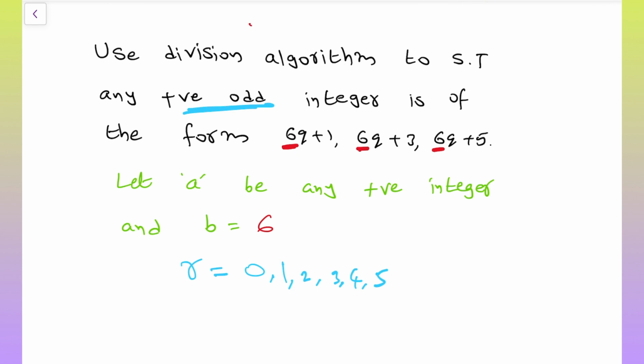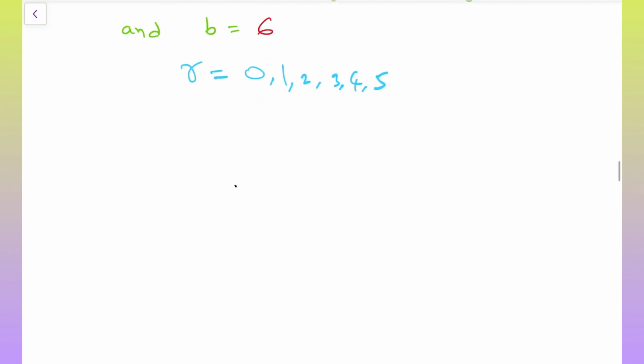If the b value, or the divisor, is 6, then the possible remainders are from 0 to 5. Now this remainder as well as the divisor value we need to substitute in our formula, a equals bq plus r.